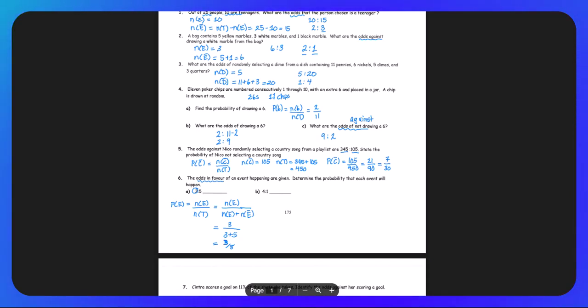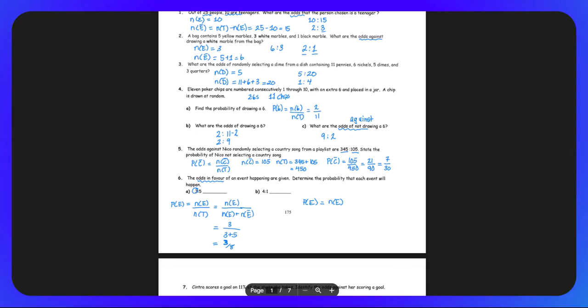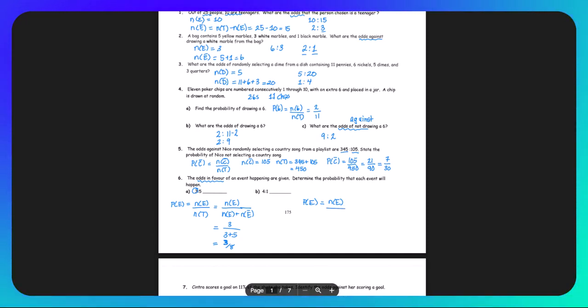Let's look at the next one. We want to find the probability of the event for B happening. Well, we need to know the number of the event occurring, divided by the total number, which is just the number of the event plus the number of the not event.